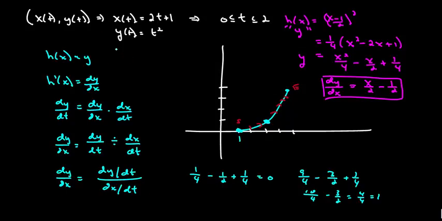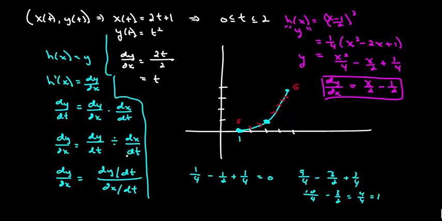So if I want to find directly to this from this information, I say that dy dx is equal to dy dt. So the derivative of this with respect to t is 2t. And then the derivative of x with respect to t is just 2. And so that reduces to just t.